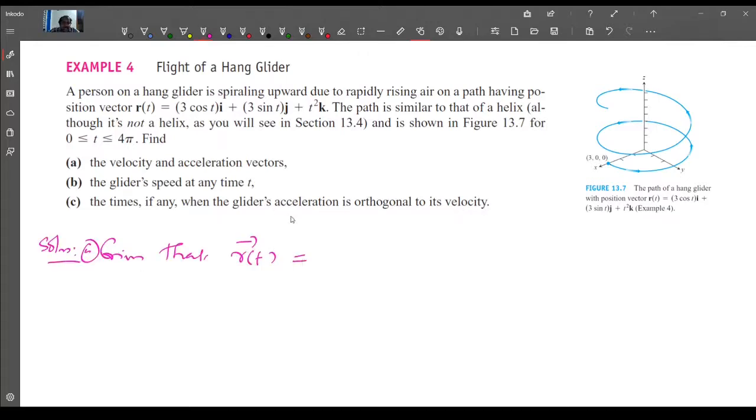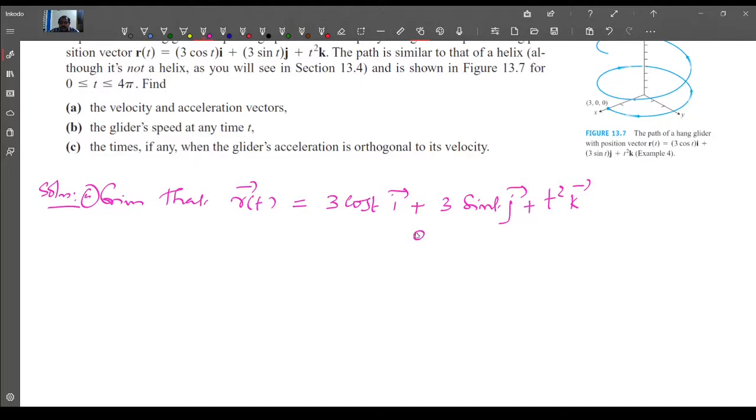Given that r of t is equal to 3 cos t i plus 3 sin t j plus t square k in the interval 0 less than or equal to t less than or equal to 4 pi, we have to find the velocity. v is equal to dr by dt.